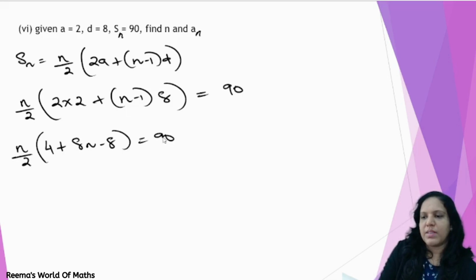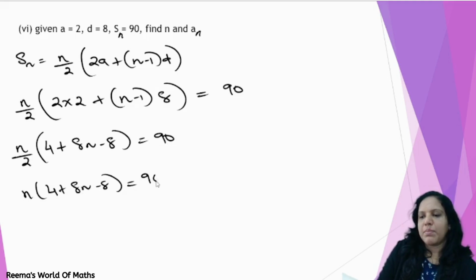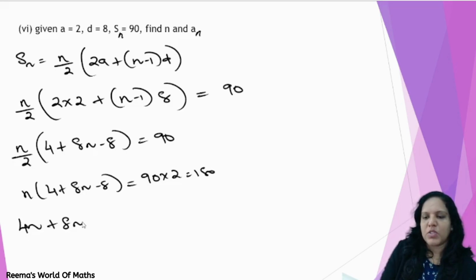Taking the 2 to the other side, n multiplied by 4 plus 8n minus 8 equals 90 multiplied by 2, which is 180. Removing the bracket again, that is 4n plus 8n squared minus 8n equals 180.